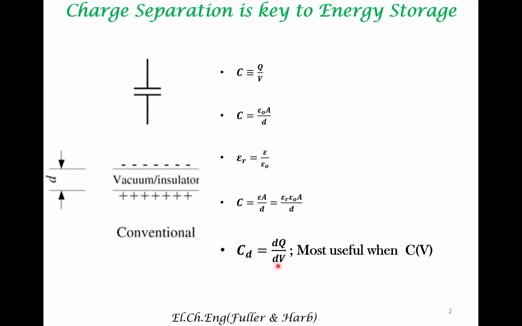This is most useful when capacitance depends upon the voltage. As the voltage difference between these two electrodes vary, the capacitance will also vary. So we often would be referring to differential capacitance given by this formula.